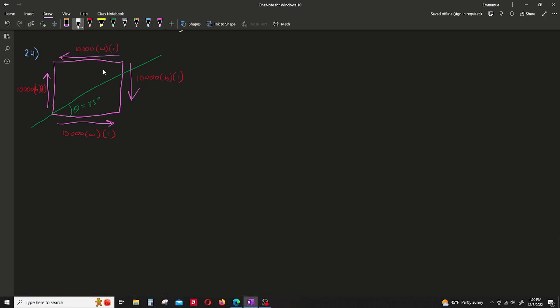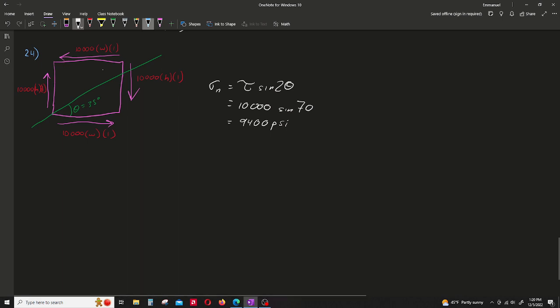And then I could solve for this by just doing tau sine 2 theta. This gives us 10,000 sine 70, which gives us 9,400 psi.